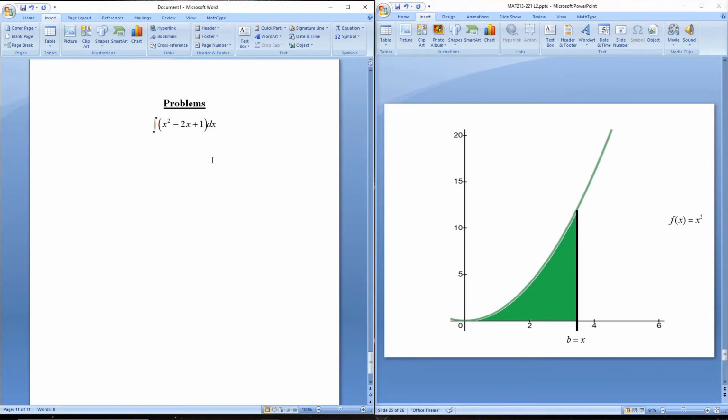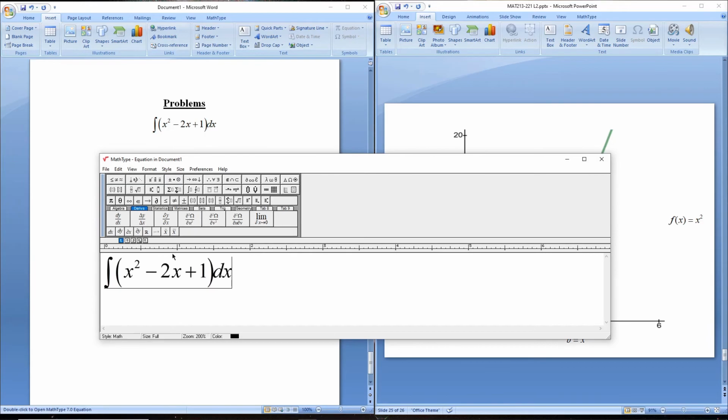So we want to integrate x squared minus 2x plus 1. So we want to find this antiderivative. We want to find what function gives this derivative. So again, the integral does distribute, which means we can do each of these individually.